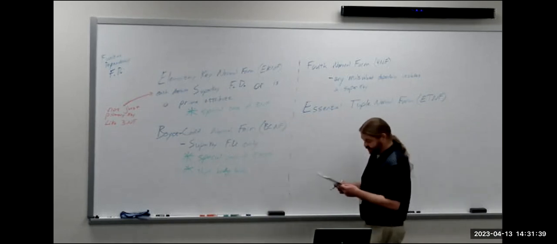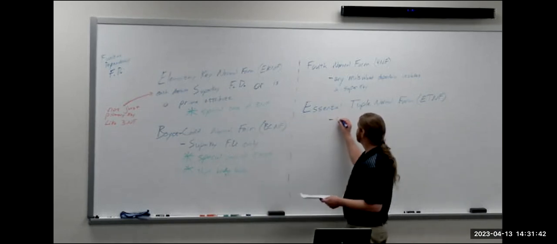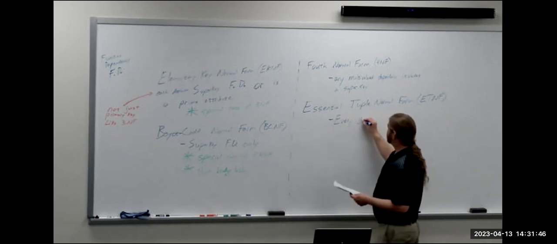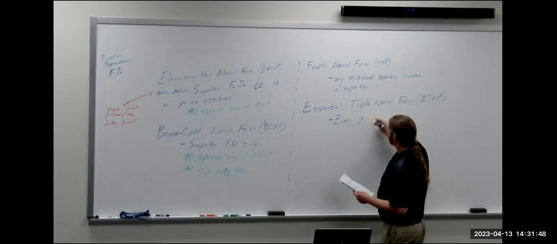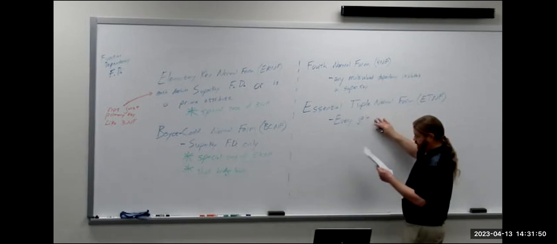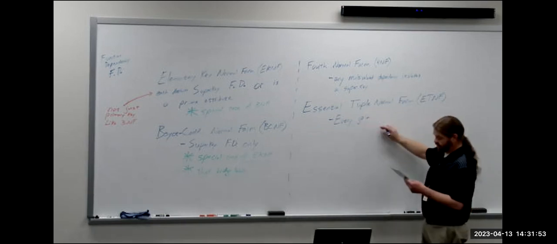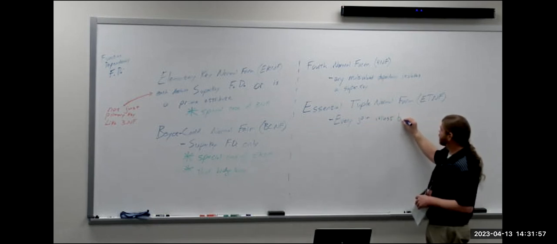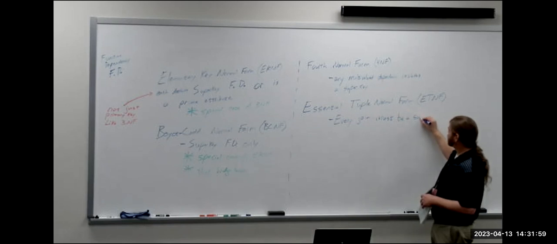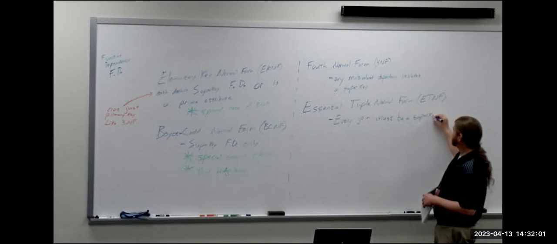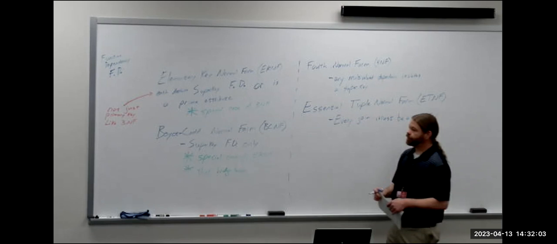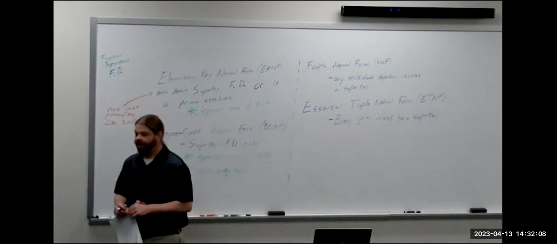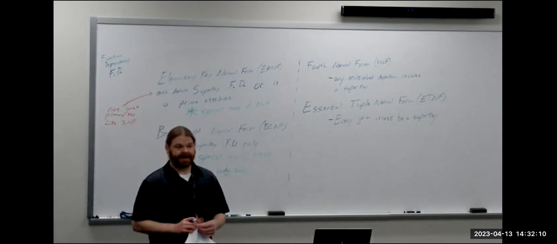So every join must be a super key. So we can no longer make any arbitrary connections.